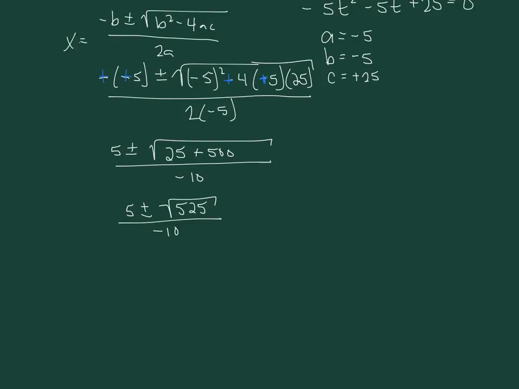And the square root of 525, I'm going to have to just grab a calculator really quickly here. And that should be, if I remember correctly, I think it's 25. So the square root of 525 is 22.9 is actually what it is. There it is. So this is 5 plus or minus 22.91 all over -10.